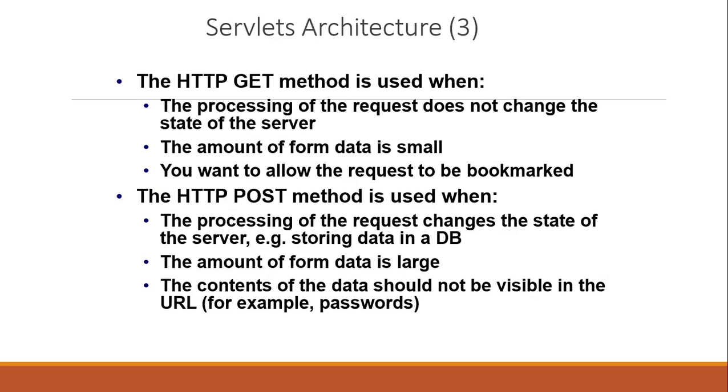Now next is HTTP get: when we can use the get method and when we can use the post method. The HTTP get method is used when the processing of the request does not change the state of the server. If we want to stay in the same state of the server, then we can use the get method. The amount of form data is small. You want to allow the request to be bookmarked. In the get method, whenever you want to keep things as they are and don't want to make changes, you can use the HTTP get method.